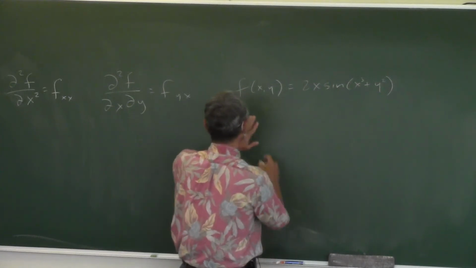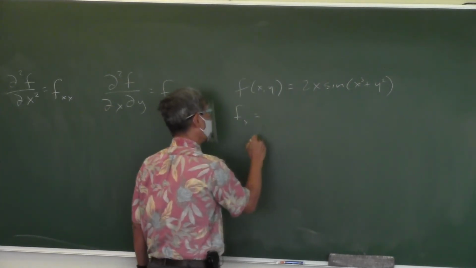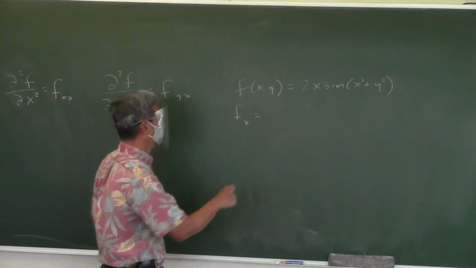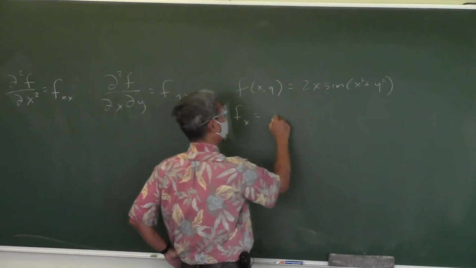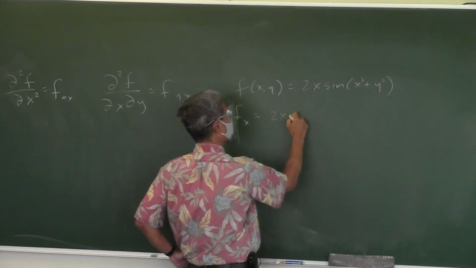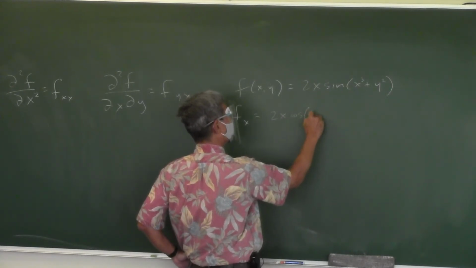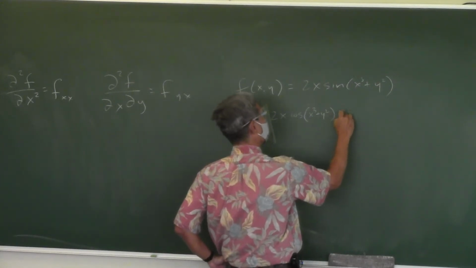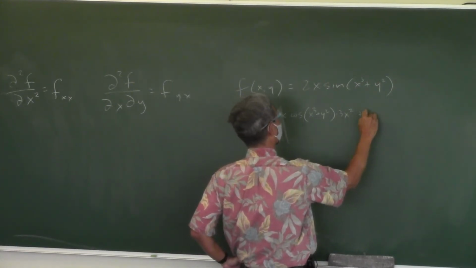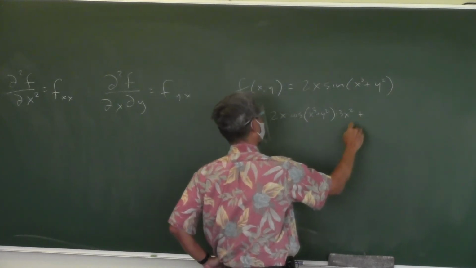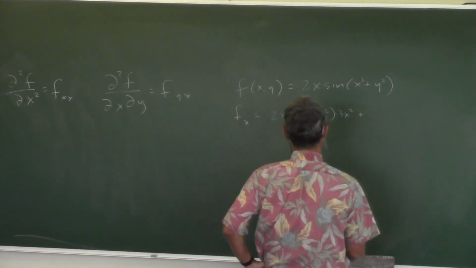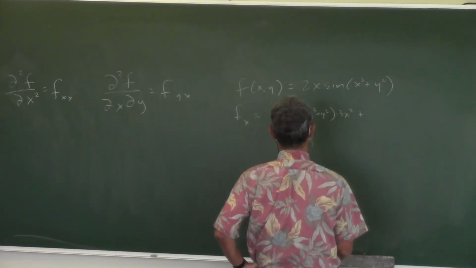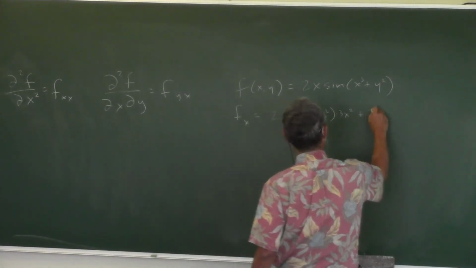So that means we have to do this first. 2x times cosine of x cubed plus y squared times 3x squared, plus sine of x cubed plus y squared times 2.